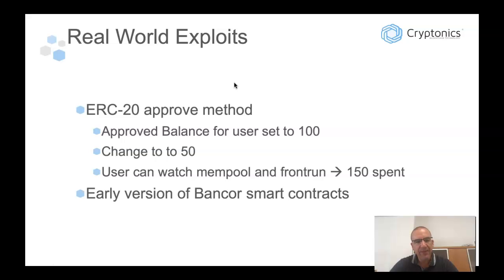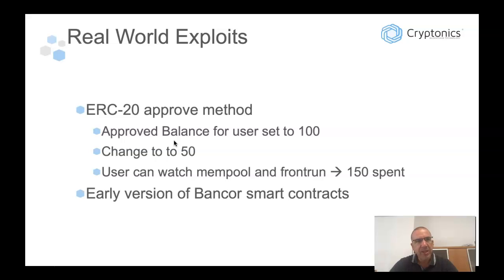And that's because, given this ERC20 vulnerability, the user can basically get up to the sum of the two approve invocations. And there's obviously ways to avoid this, which I'll talk about in a bit.